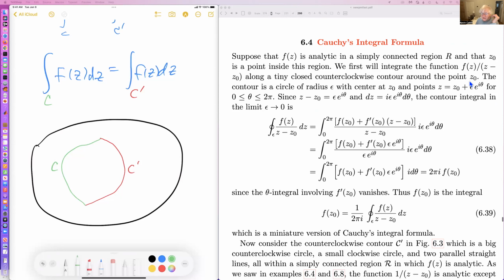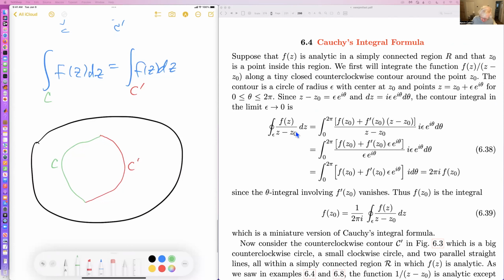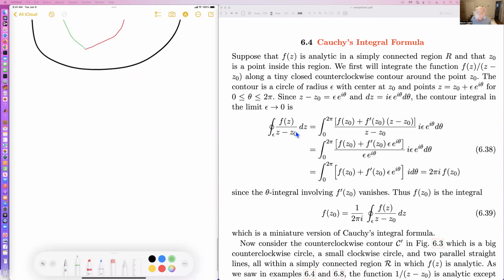Okay, now the next topic is Cauchy's integral formula, and we just barely got to this last time. Let me switch now to a slightly different topic.